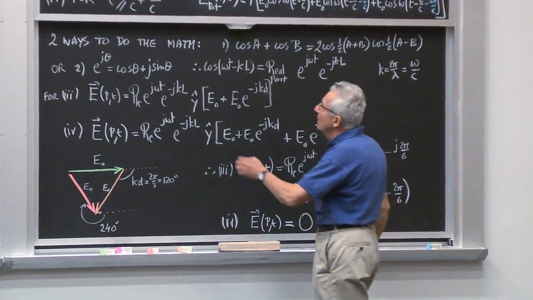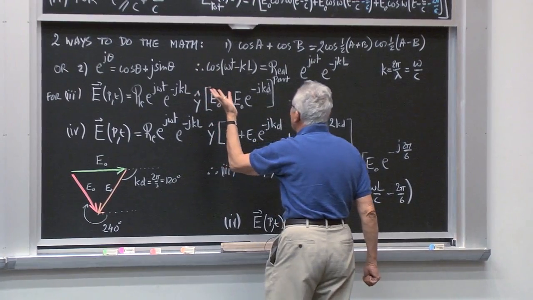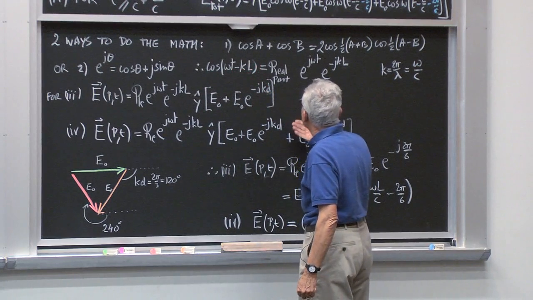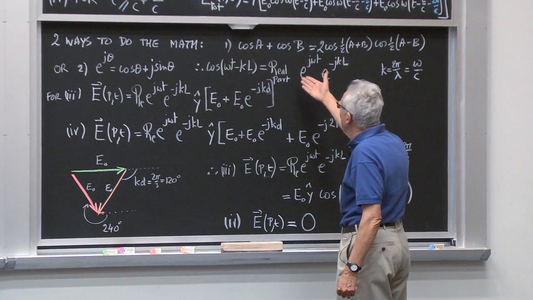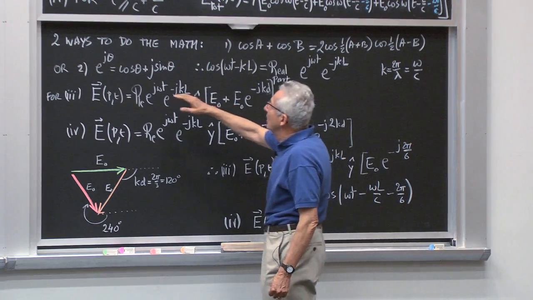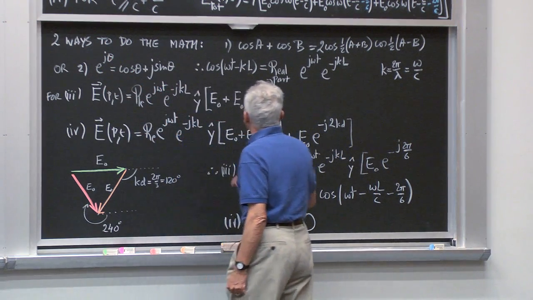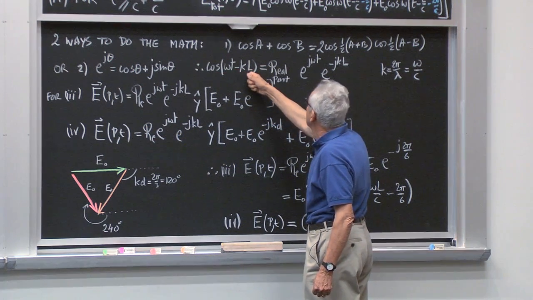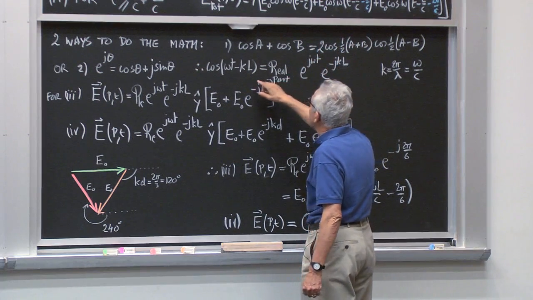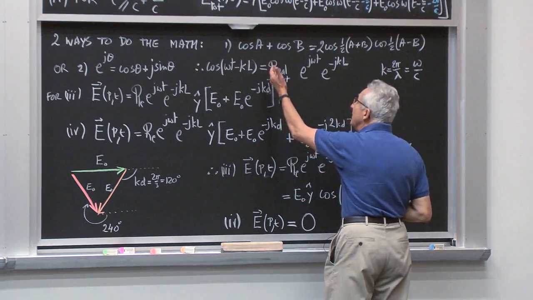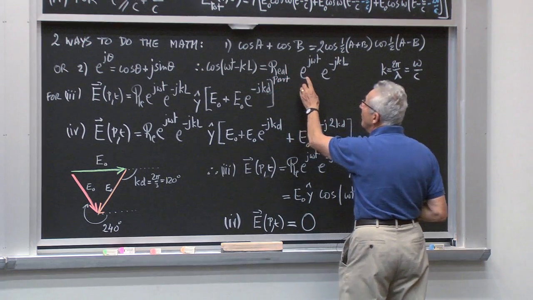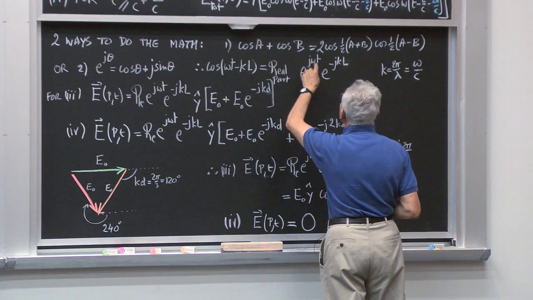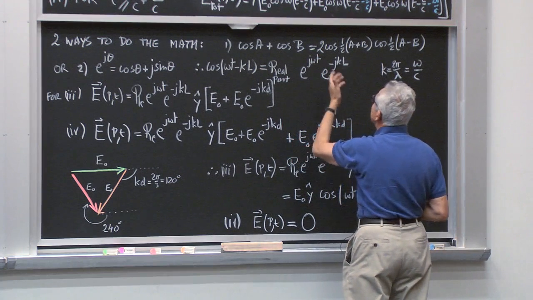Okay, using this, suppose I have a cosine of some function, I can always write it as the real part of e to the j that angle. So if I have the cosine, for example, of omega t minus kl, and you'll see it somewhere up there, it can be written as the real part of e to the j omega t minus j kl, but that is the same as multiplying these.